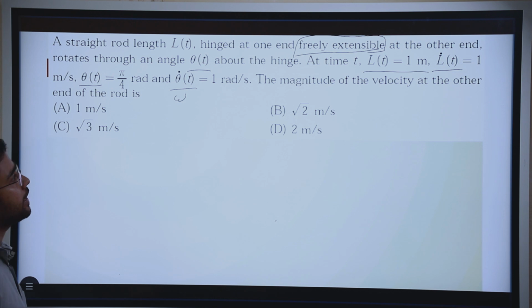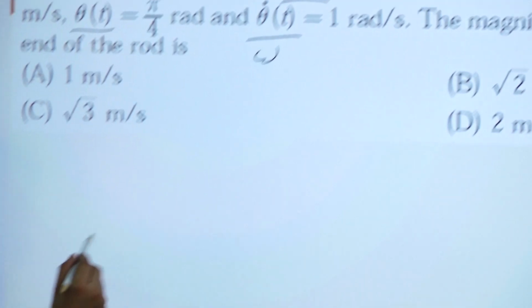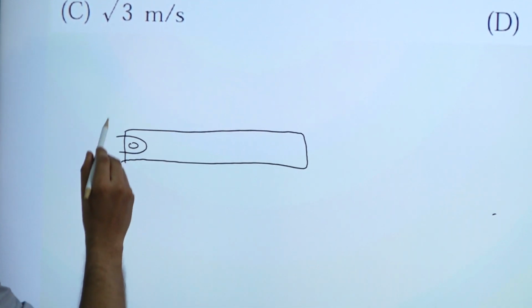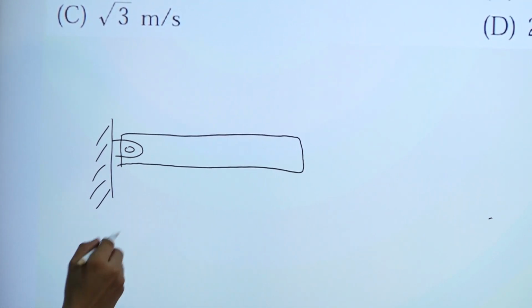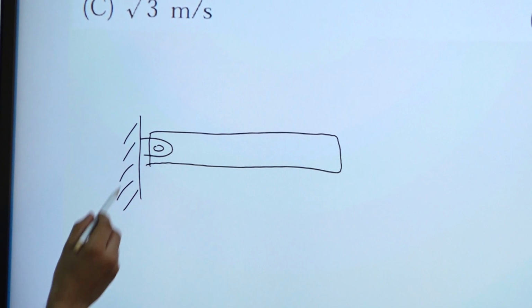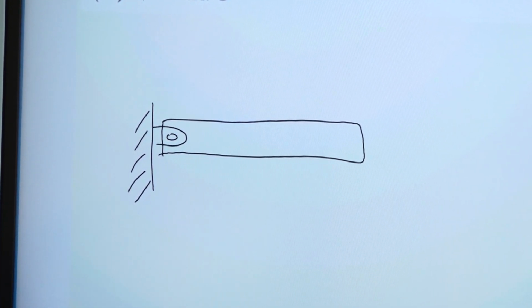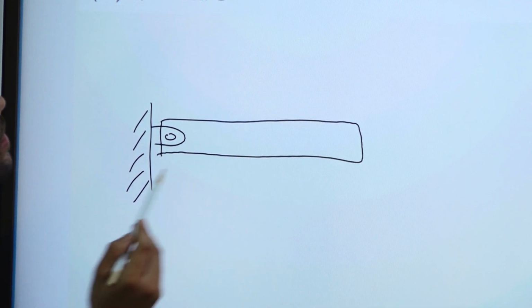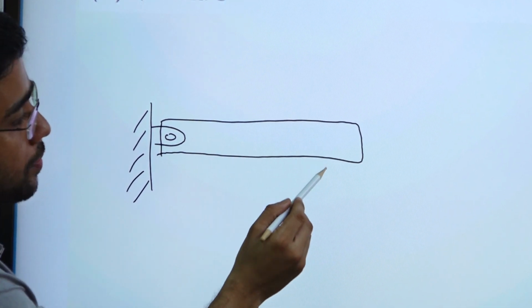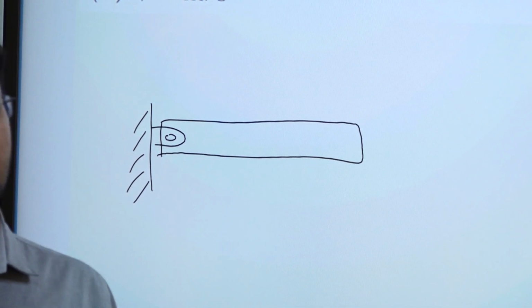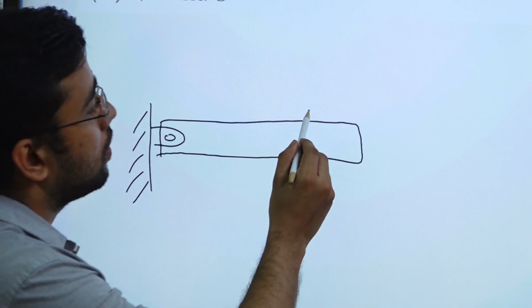First let us make the diagram. This is the rod we have, and this is the hinge or pin joint, because we consider both of them the same. They are saying that at this end it is freely extensible. So what does freely extensible mean?